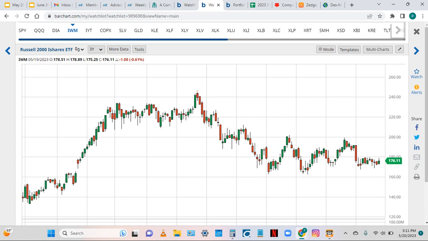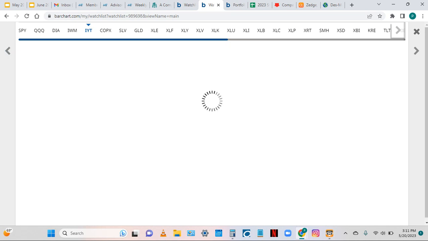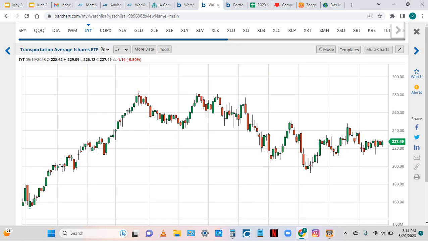Then we're going to look at transportation stocks. Transportation also kind of affects everything. That looks more neutral to me. It did have this sell off here, and it's kind of hung down in that lower third of this large red bar right here.